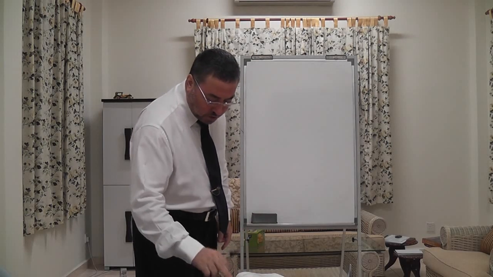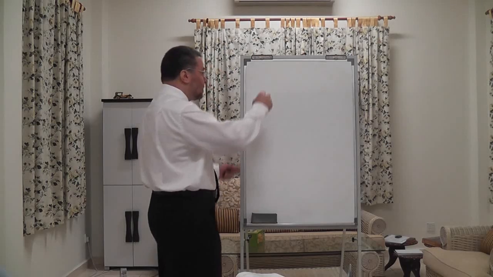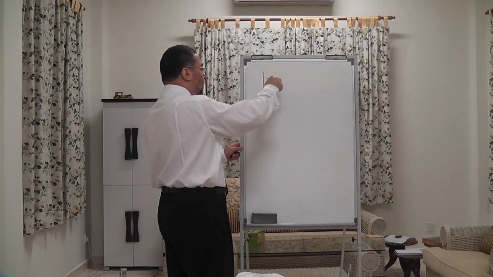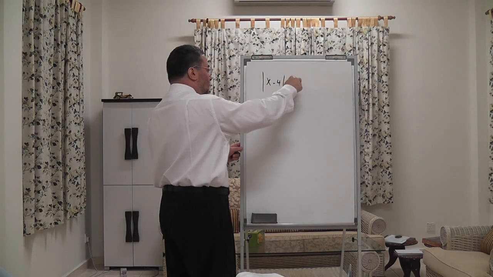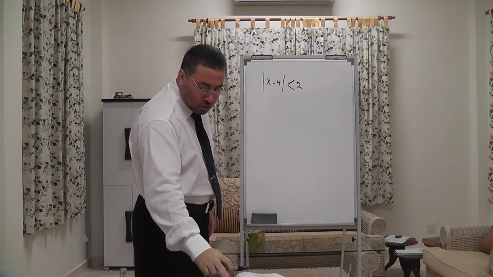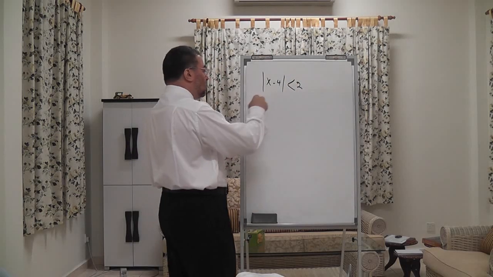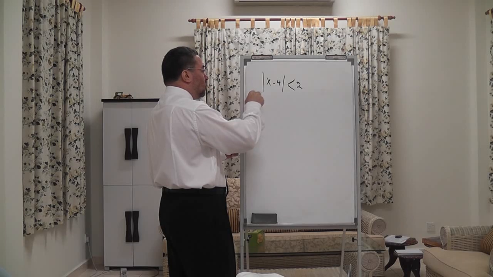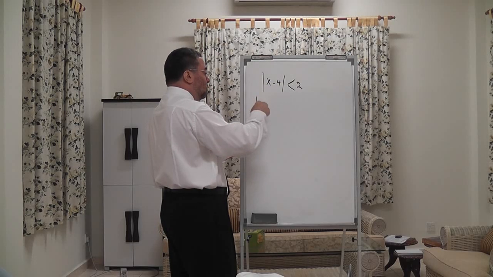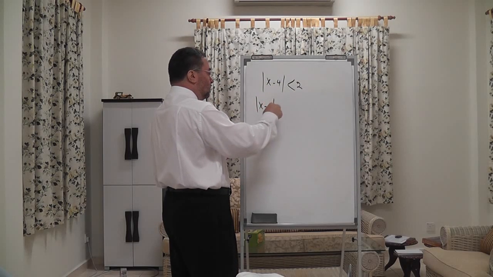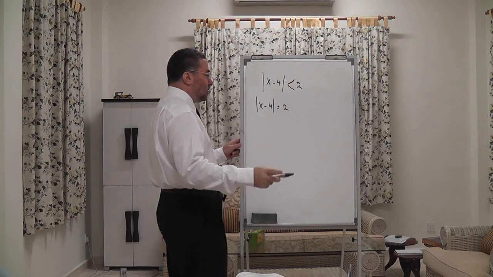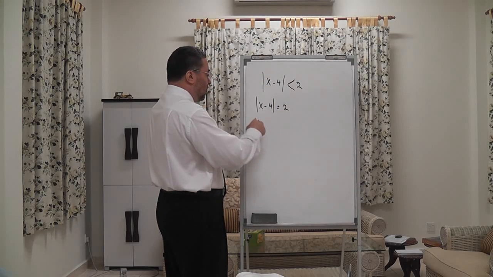Next is number 30, absolute x minus 4 less than 2. We're going to do it the fast way, so we equate our expression to 2 and generate two equations.